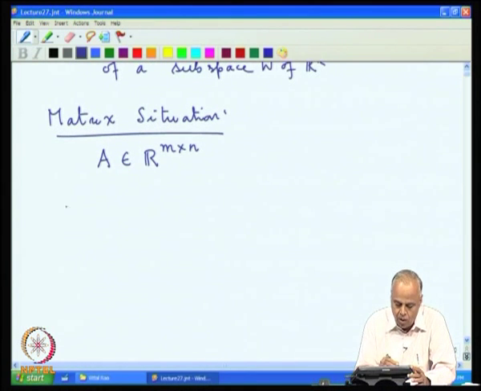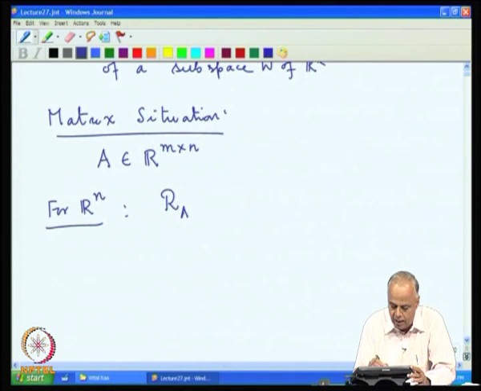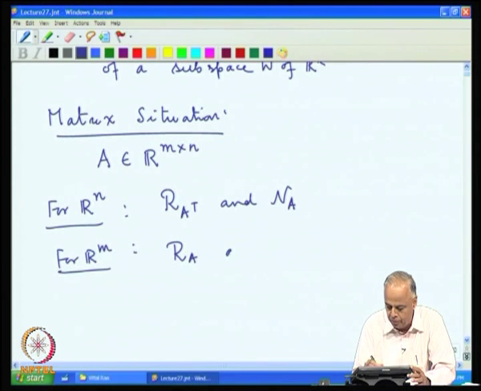For R^n we have two subspaces, namely the range of A transpose and the null space of A, and for R^m we have the two subspaces, the range of A and the null space of A transpose.